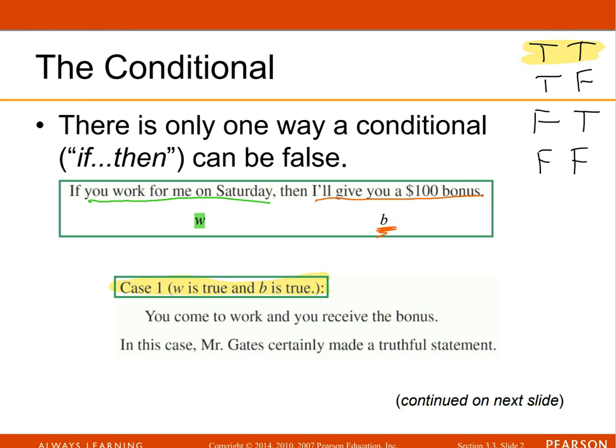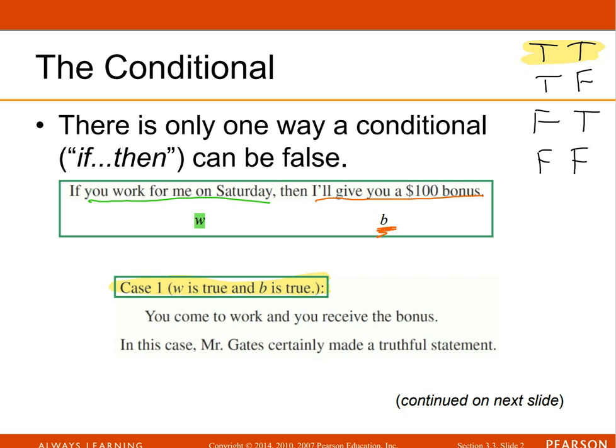Okay. On all of these, they're talking about it in perspective of the boss. The boss says, hey, if you come to work for me on Saturday, then I'll give you a $100 bonus. So case one is they're both true, meaning you came to work on Saturday. That was true.